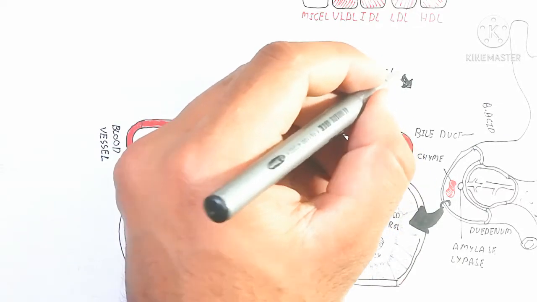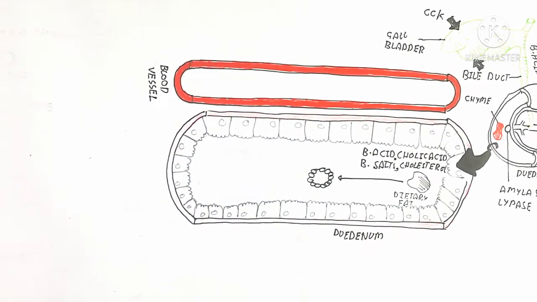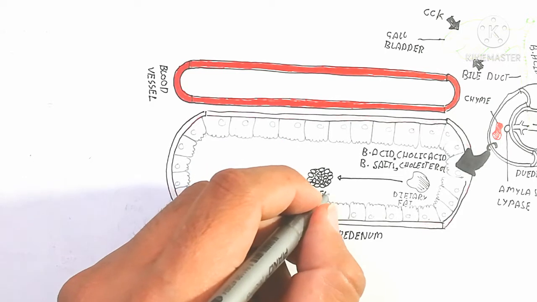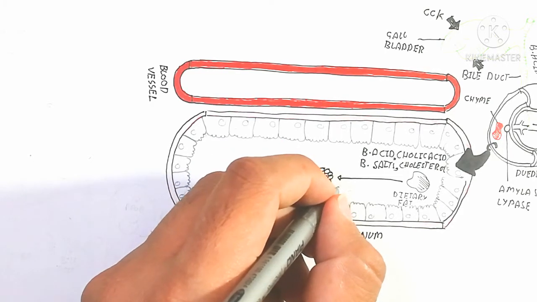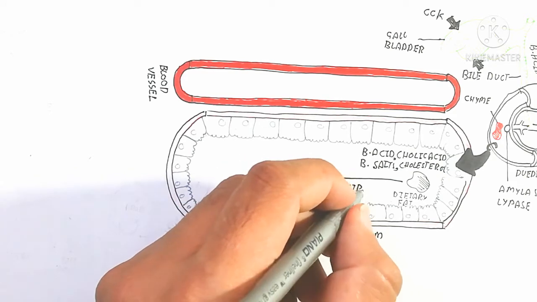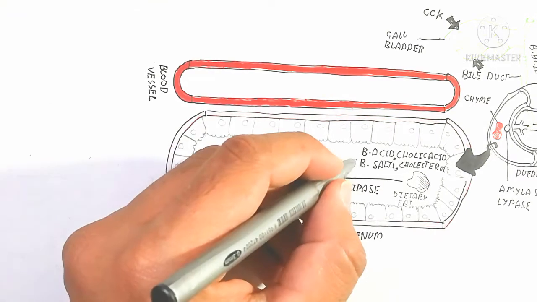The pancreatic lipase enzyme is used to produce the micelle. Here is the contraction by CCK, due to the signal given by the enteroendocrine cell of the endocrine system.